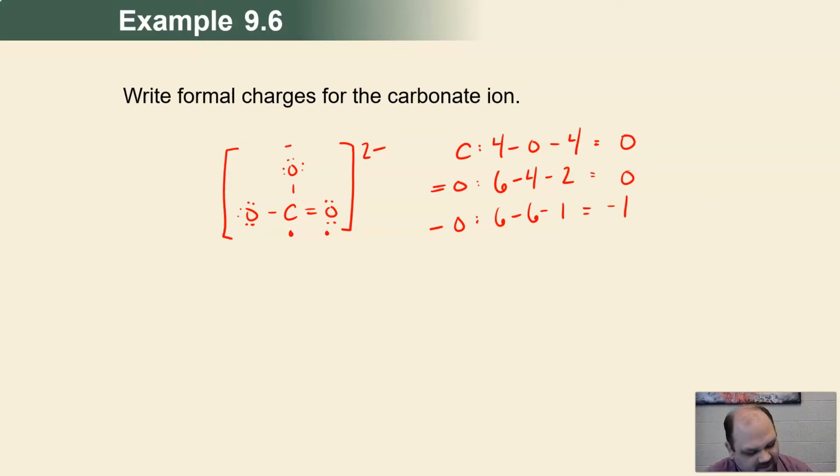Having a -1 on that oxygen at the top and a -1 on that oxygen on the left gives us 2 negative charges overall, which matches our overall charge on the ion. And so the Lewis structure that we drew was in fact a good Lewis structure. This is the best Lewis structure for carbonate.